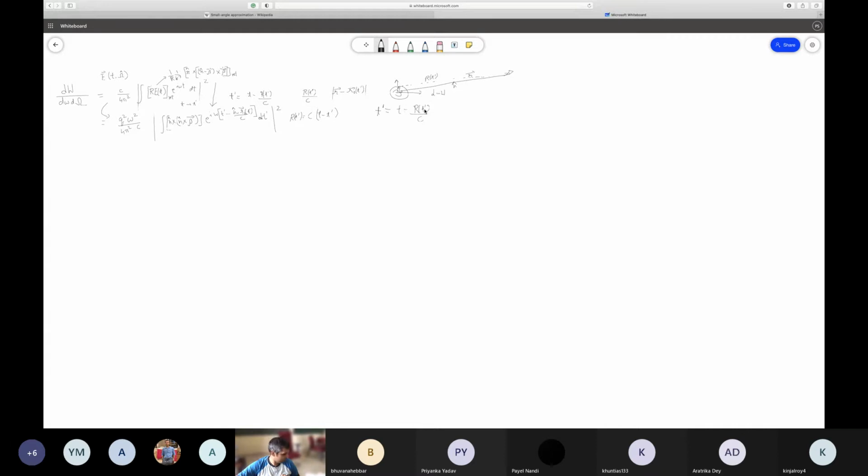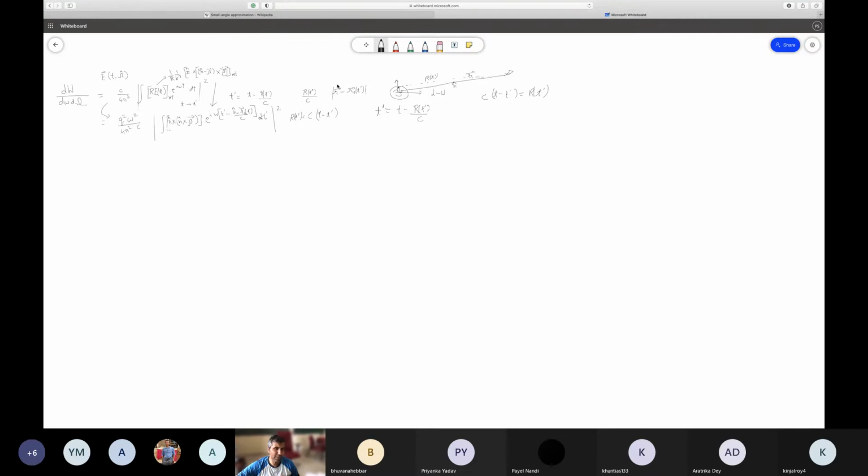So this r(t prime) is the distance connecting the particle at the retarded time to the observer. So c(t minus t prime) equals r(t prime).